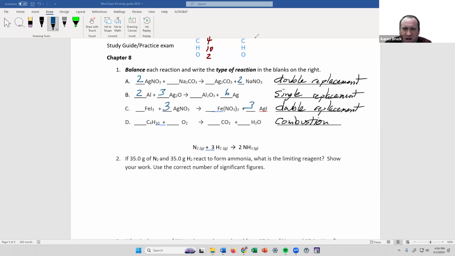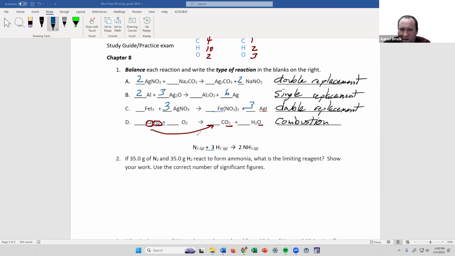On the other side, I've got 1 carbon, I've got 2 hydrogens, and here's where it can be a little bit tricky. I've got oxygen in multiple places here. I've got to remember that. So 2 here plus 1 there is a total of 3. Now we can use a similar kind of trick that we used up here, since we have multiple subscripts here.